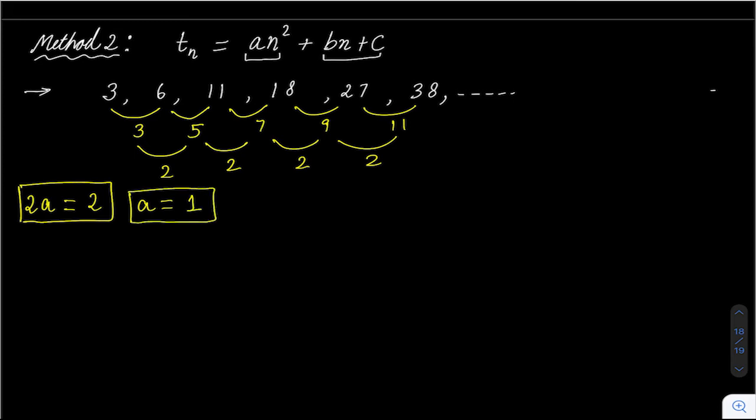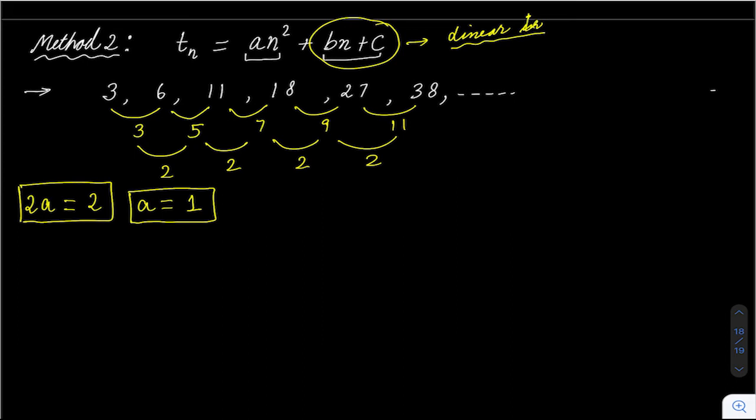So from that, I am getting my value of a as 1. Now, after a, method 2 differs from method 1. In method 1, we first found b and then c. In this method, we will find this linear sequence. As you can see, this bn plus c is nothing but linear in n, or you can say it is part of a linear sequence.